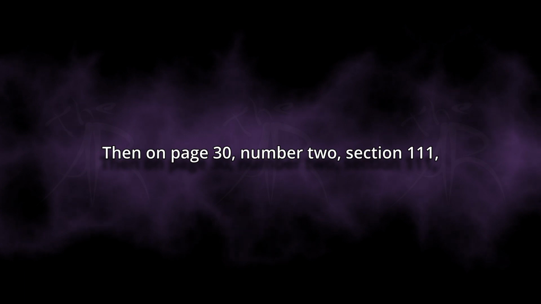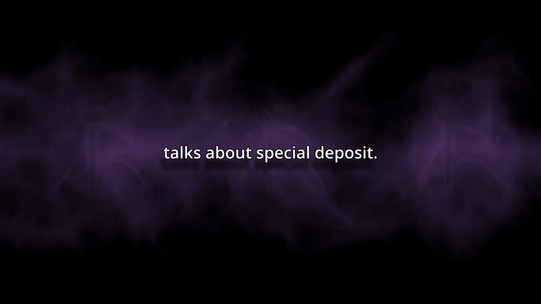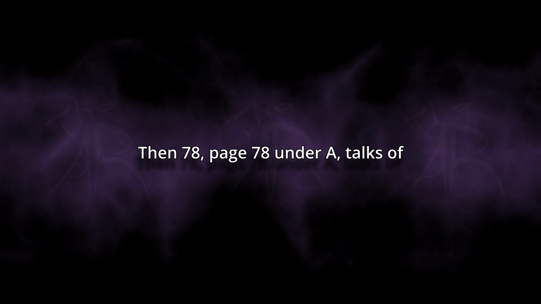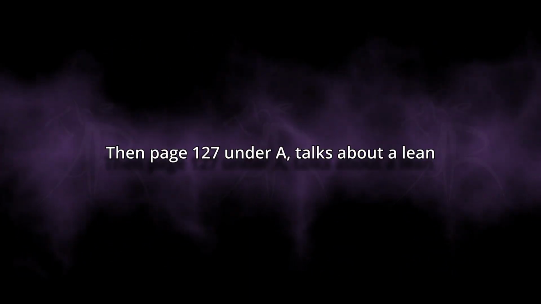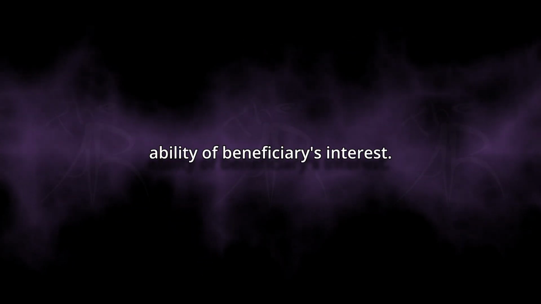Then on page 30, number 2, section 111, talks about special deposit. Then page 78, under A, talks of methods of trust creation. All right. Then page 127, under A, talks about alienability of beneficiaries' interest.